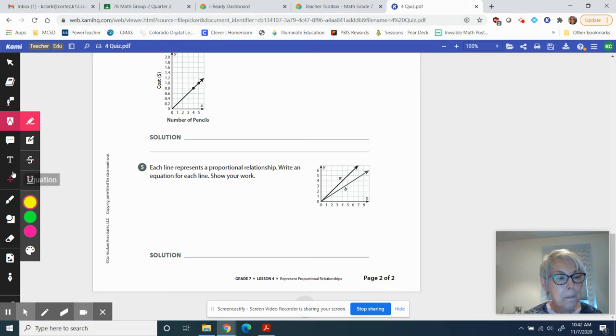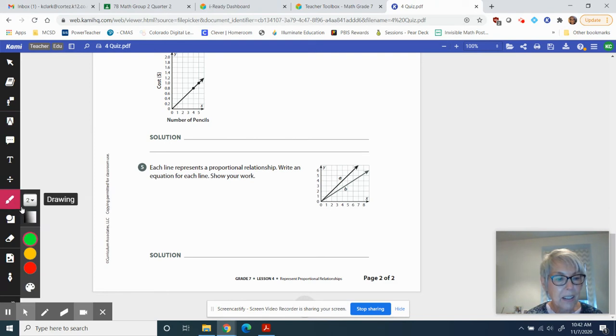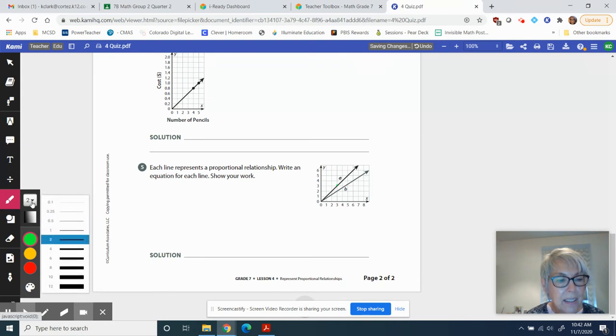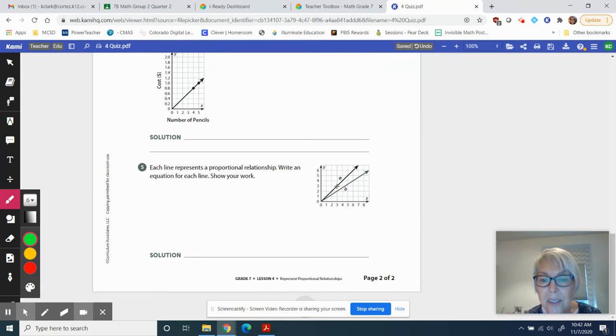I don't want my highlighter. I want a little drawing tool. Okay, so I'm looking at A here, and I see that we've got some intersecting lines right there.